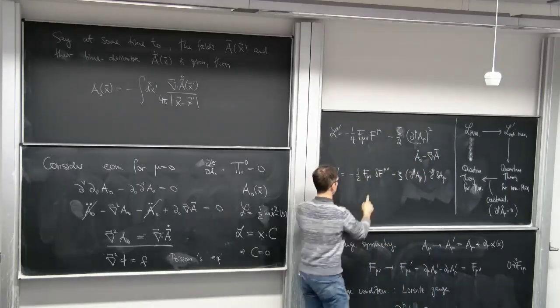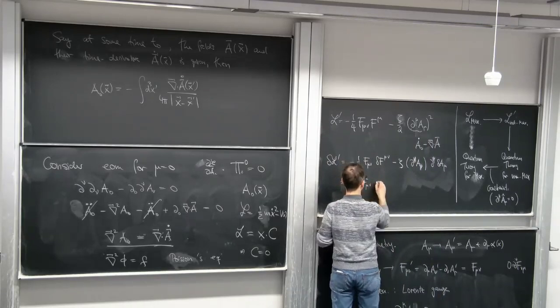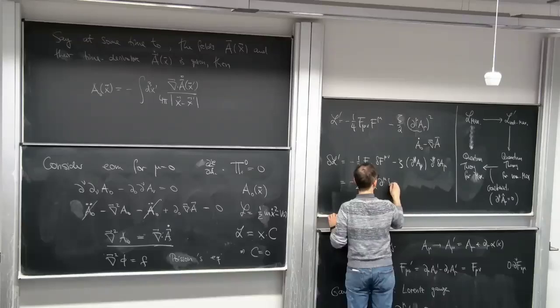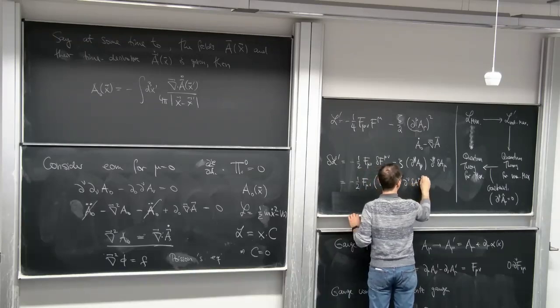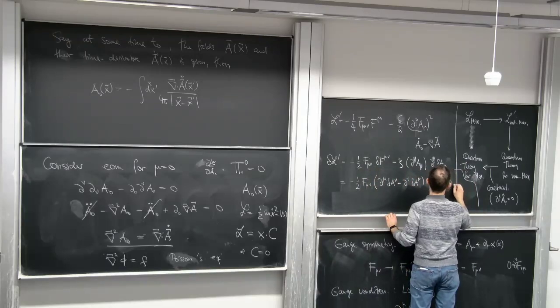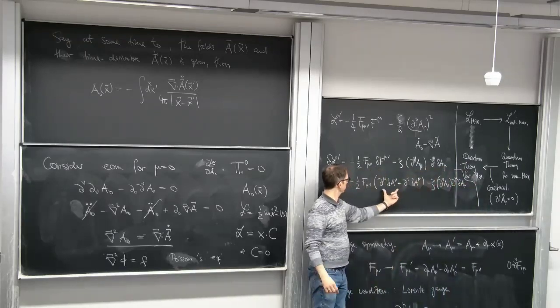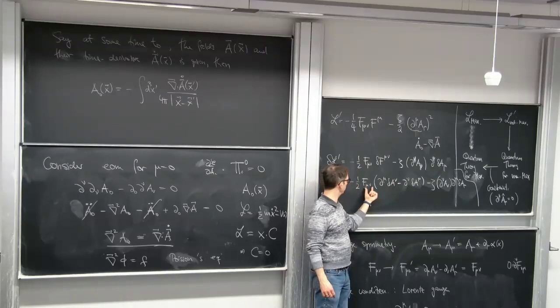And this is the minus 1/2 x mu d mu delta a mu minus d mu delta a mu minus what I have here, d mu a mu. These two terms can be made equal because f mu nu is antisymmetric.